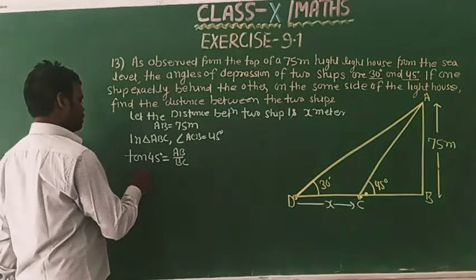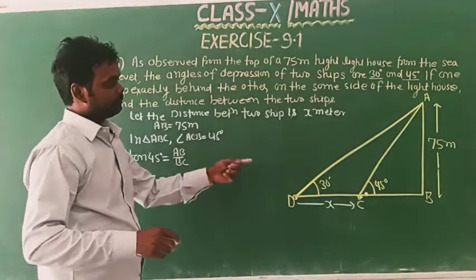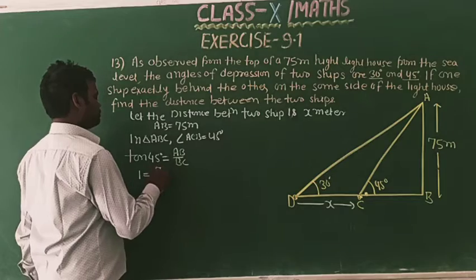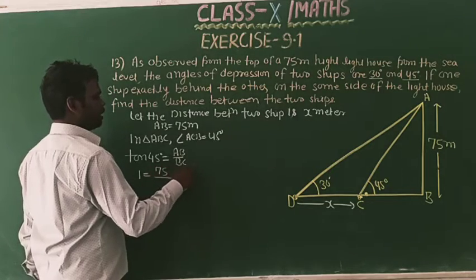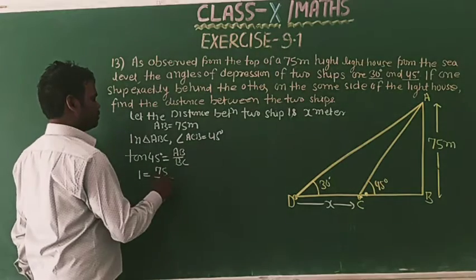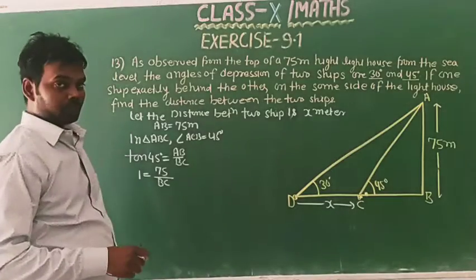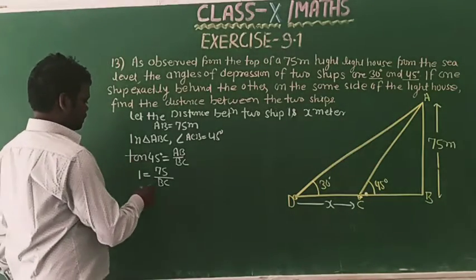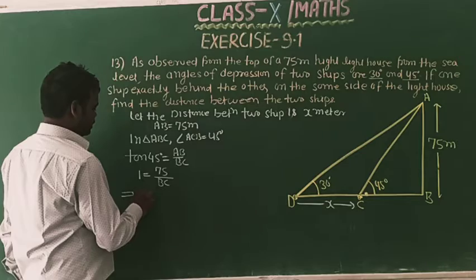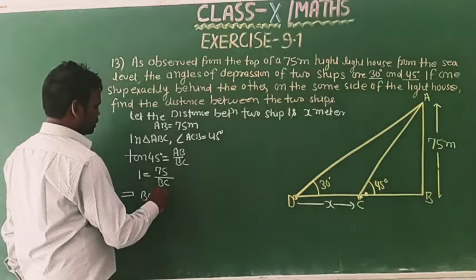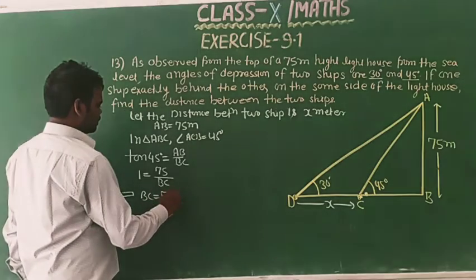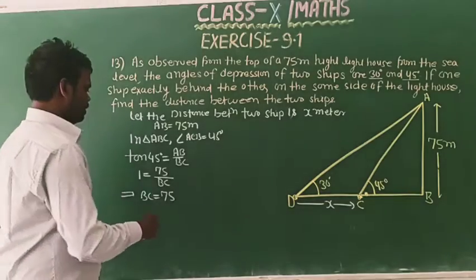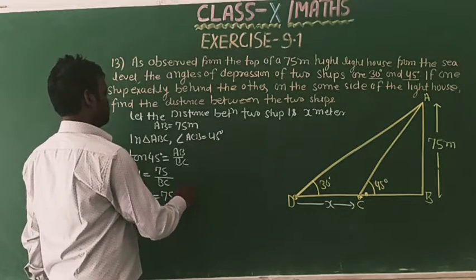Tan 45 is 1 equal to AB is 75 and this is BC. This implies BC equal to 75. Say this is equation number 1.